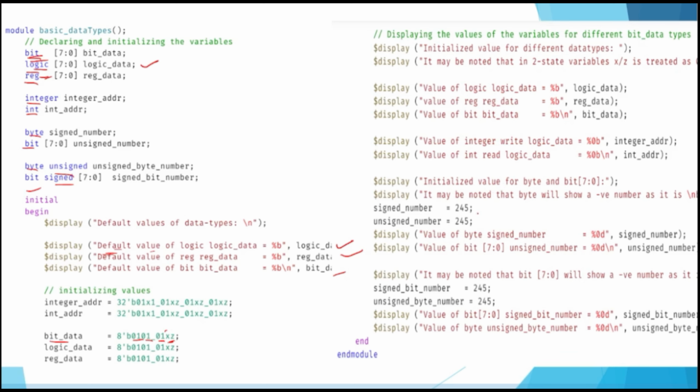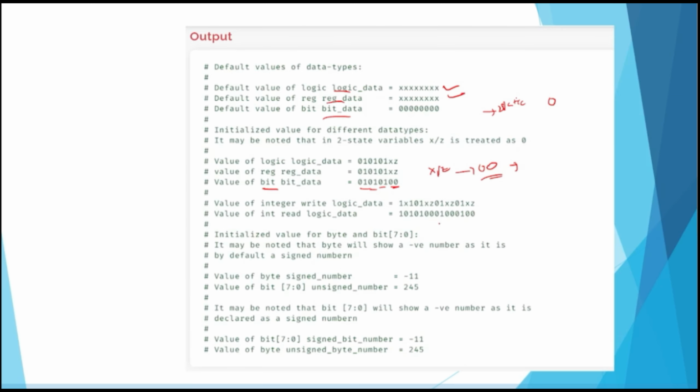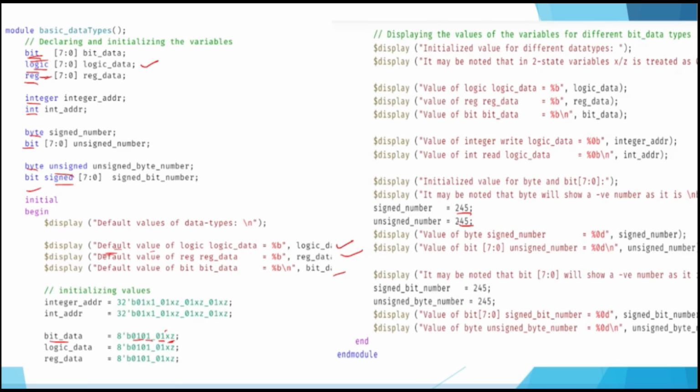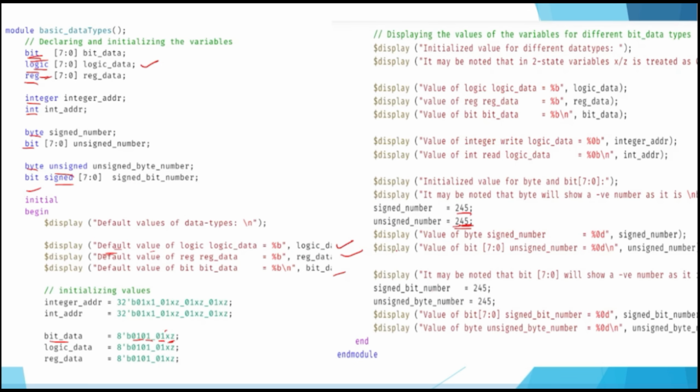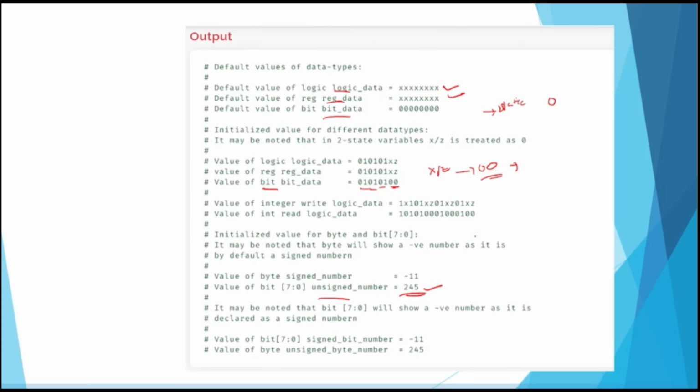And then one more interesting thing here is signed bit and unsigned number. For unsigned, as you already know, it can hold only positive values. That's why whatever number I have given was displayed here. But for signed bit, I have given 245, but what is the value that was displayed?